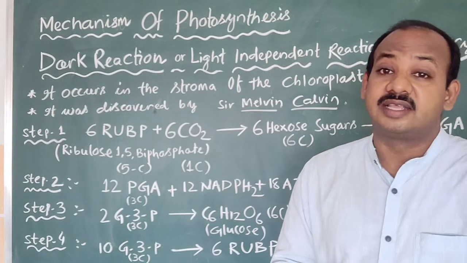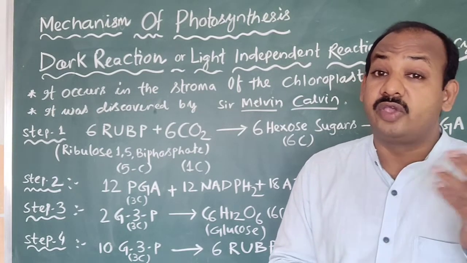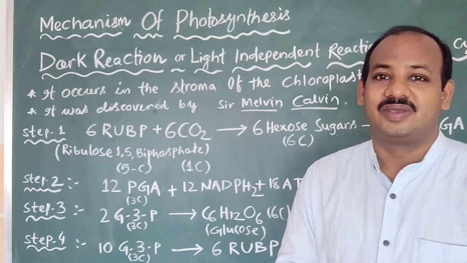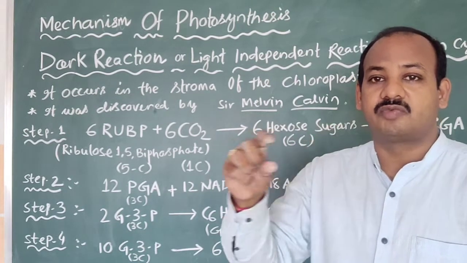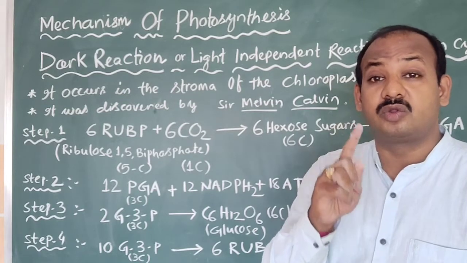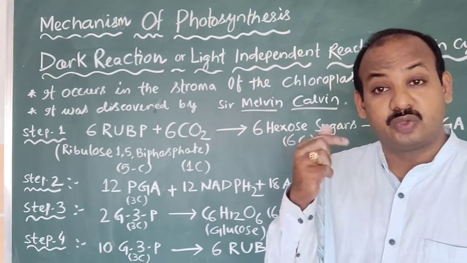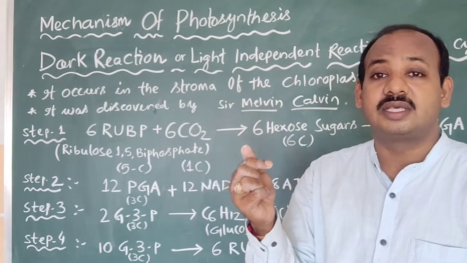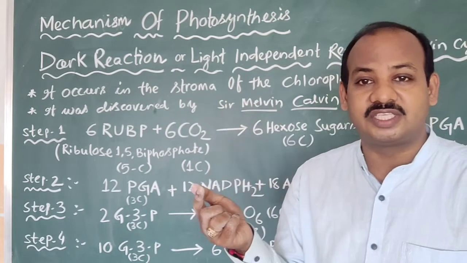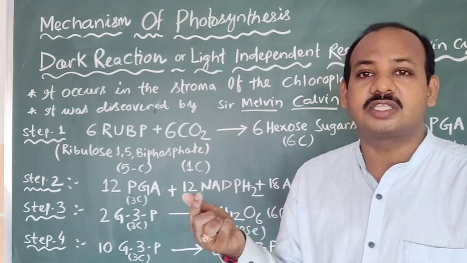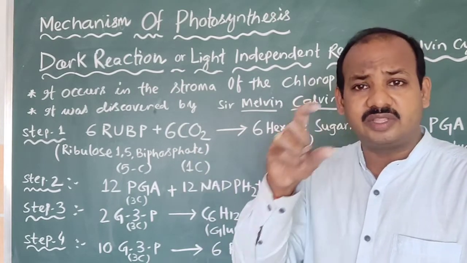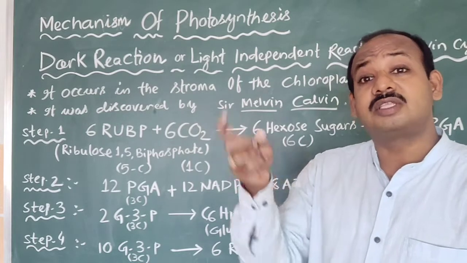In the light reaction, children, we have seen nowhere carbon dioxide was used. In the equation for photosynthesis, 6 molecules of carbon dioxide plus 12 molecules of water in the presence of sunlight and chloroplast give glucose, 6 molecules of oxygen and 6 molecules of water. So during the light reaction, water was used.